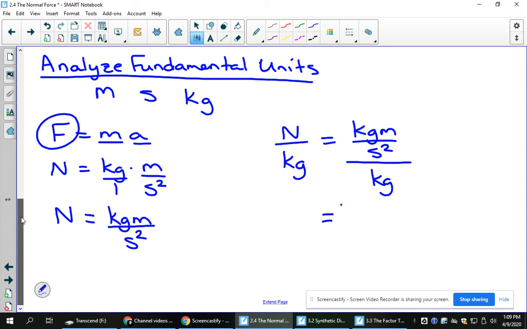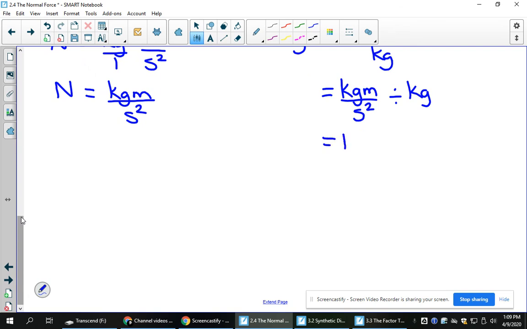The way that I would solve this is I would actually write the top divided by the bottom. Then I would use my fraction rules. When I'm dividing by a fraction, I change it to multiplication and I flip this fraction. This is why the kilograms can cancel.